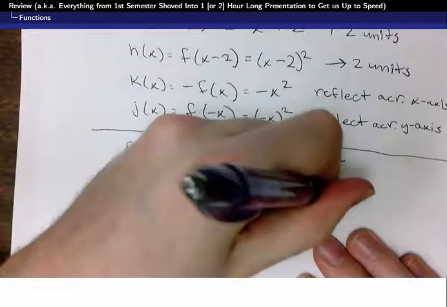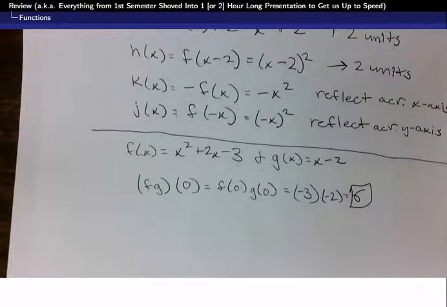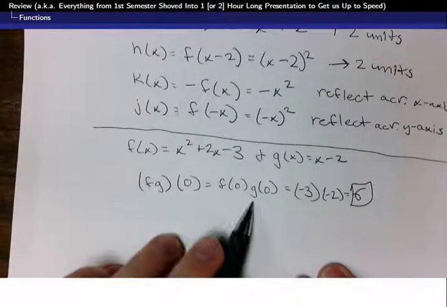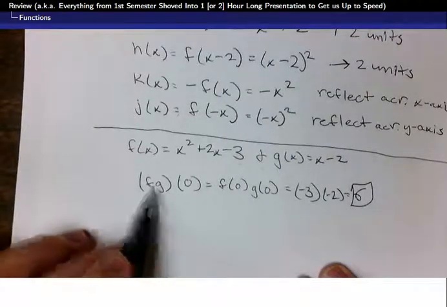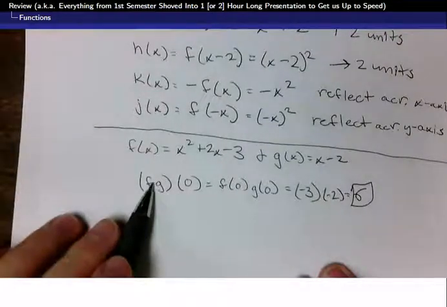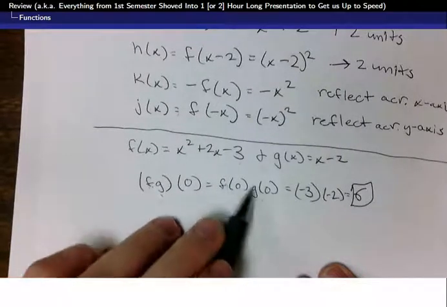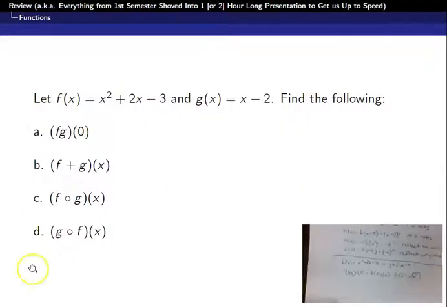G of 0, we're going to get a -2, which gives me +6 for a total there. So you just evaluate each of your individual functions at that point, and then you perform the operation. Here we're multiplying. If we were adding, so if you had f plus g of 0, we take f of 0 plus g of 0. Similarly for subtraction and division as well.